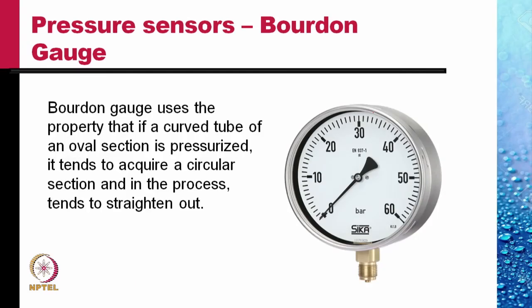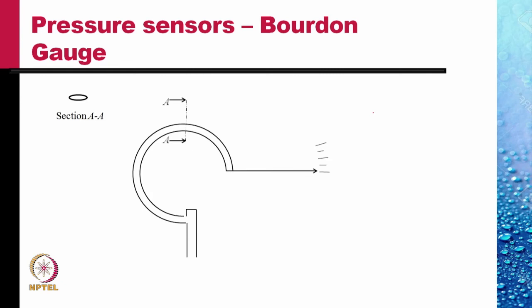Bourdon gauge is a gauge that is used to measure the pressure most commonly. It uses the property that if a curved tube of an oval section is pressurized, it tends to acquire a circular section and in the process it straightens out. This we show here. We have shown a curved tube with an oval section.